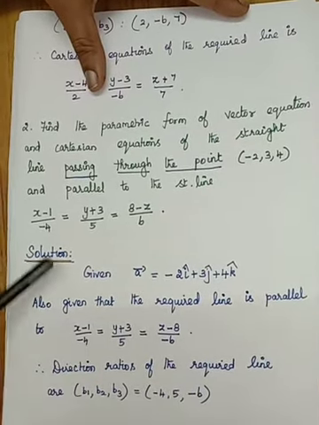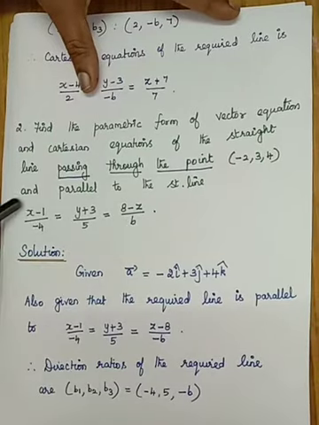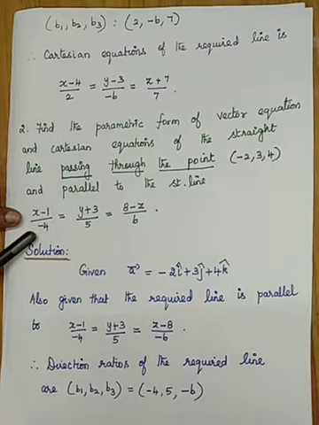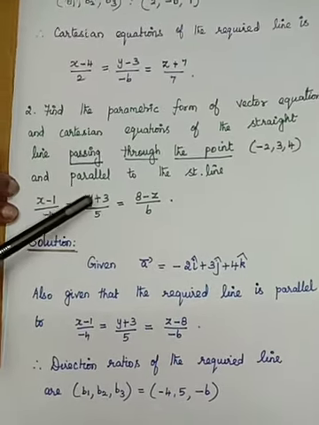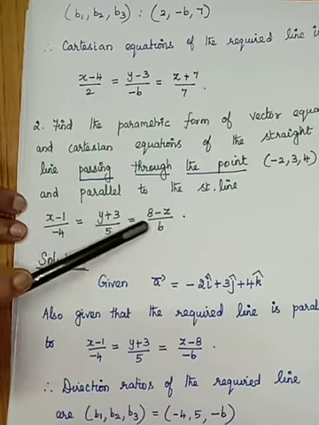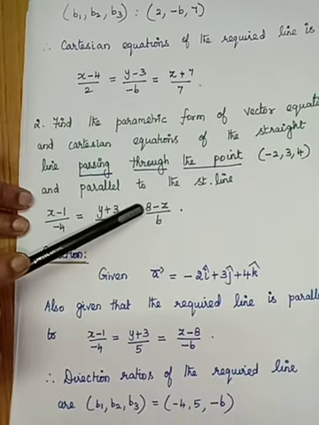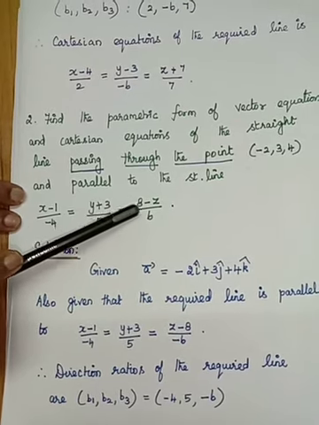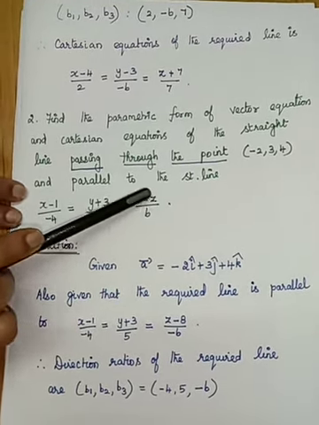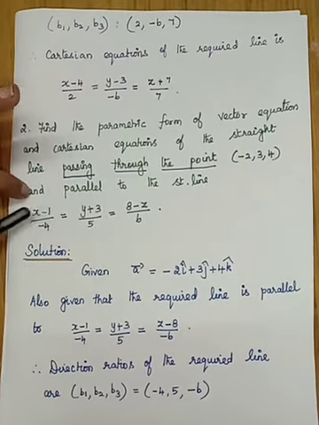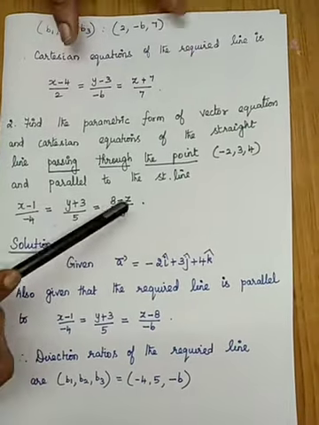So you consider this line in the correct format. You see that x minus 1 by minus 4 is equal to y plus 3 by 5. Here you have to bring z so that it is positive, z should come in the front. So from this term you have to take minus out. X, y, z should be positive.